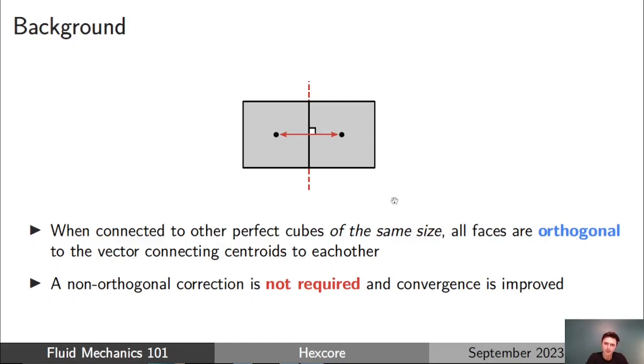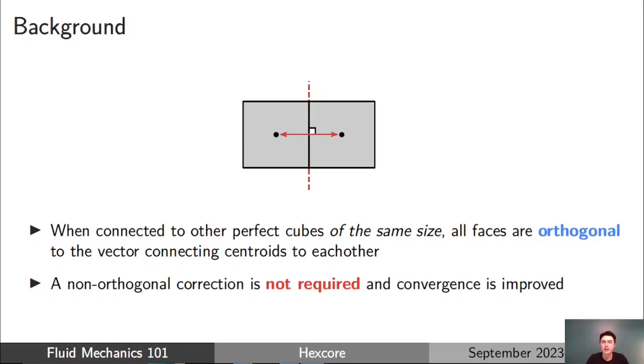That's the key here. When those perfect cubes are connected to each other, then if you imagine drawing a line or a vector between the centroid of one cube to the centroid of any of its neighbor cubes, that vector is orthogonal or at 90 degrees to the face that's shared between the cells.